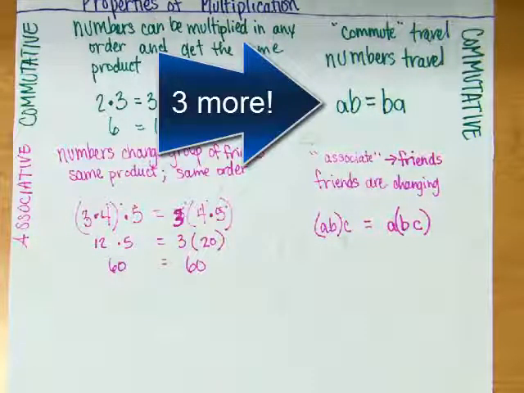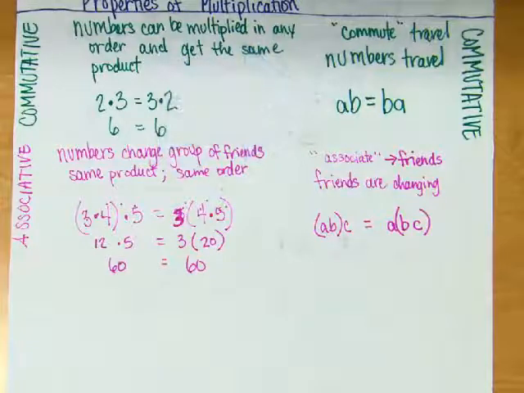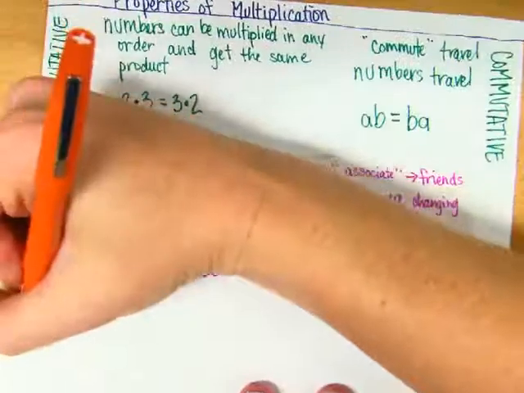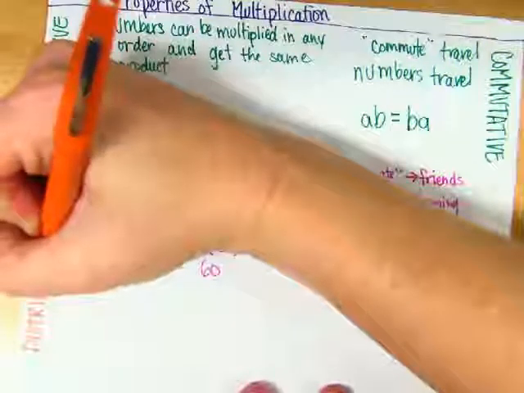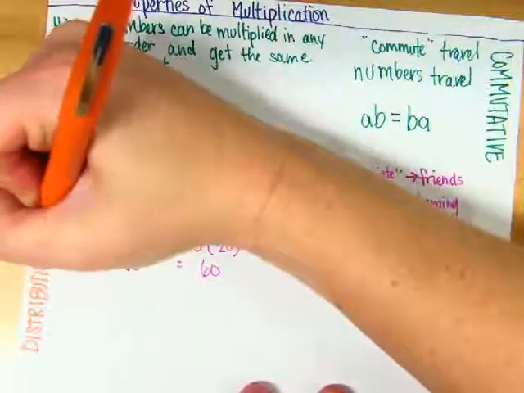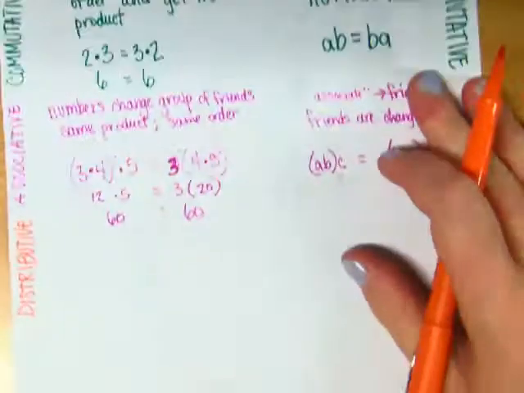So here's the next one, the new one, that we're going to have to squeeze in here. It's distributive. And this is unique to multiplication.